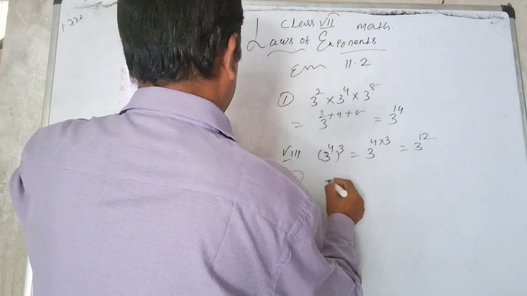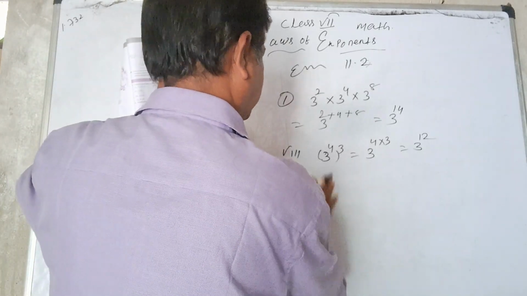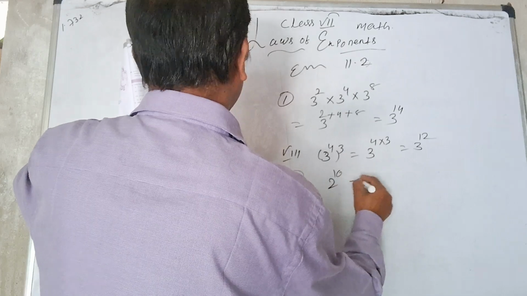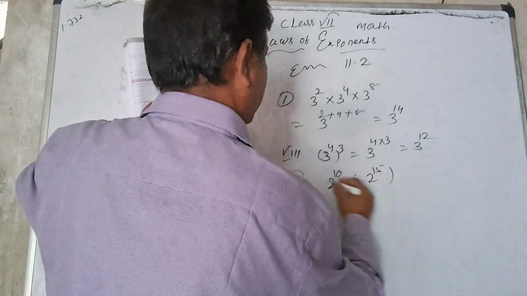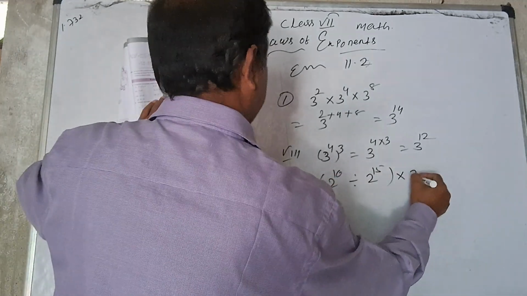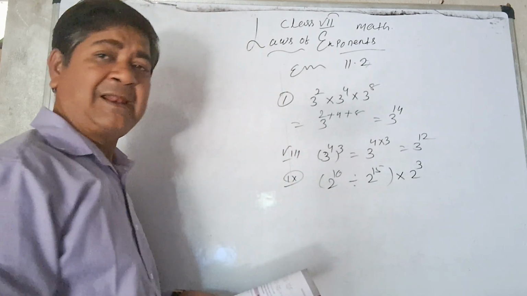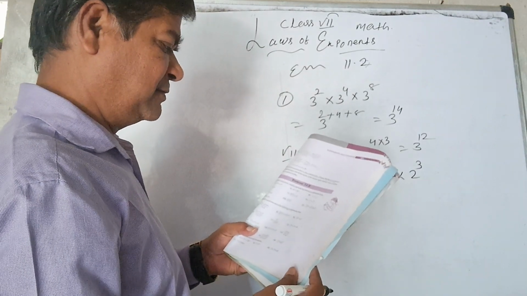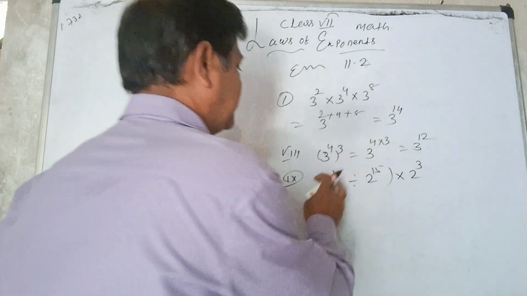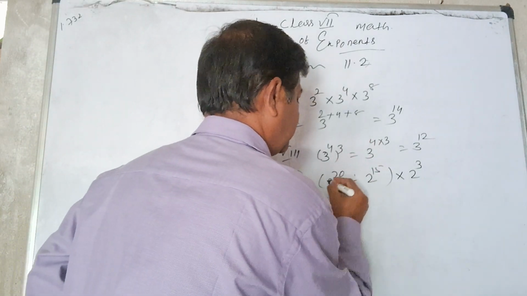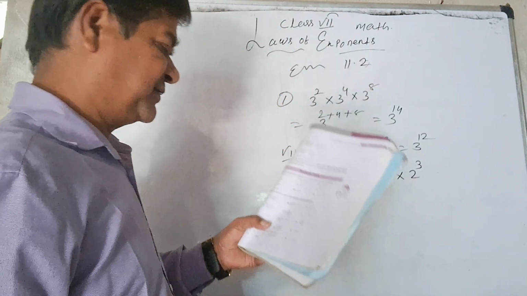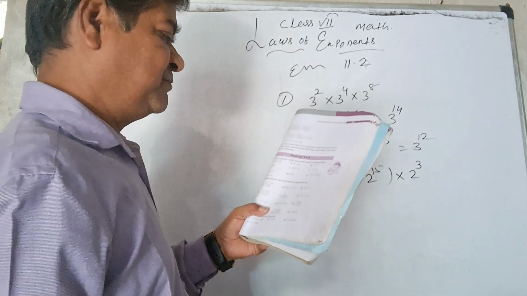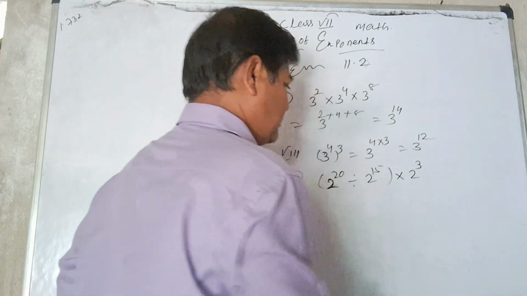Next: 2 to the power 20 divided by 2 to the power 15, multiplied by 2 to the power 3. What will be the answer? Here it is a division. Sorry, it is not a 10, it is a 20. So 2 to the power 20 divided by 2 to the power 15.